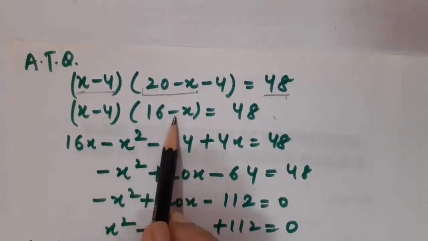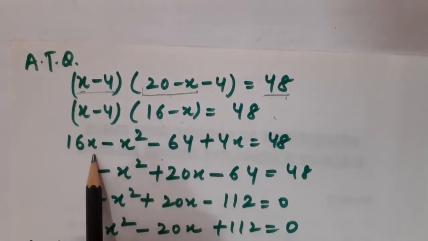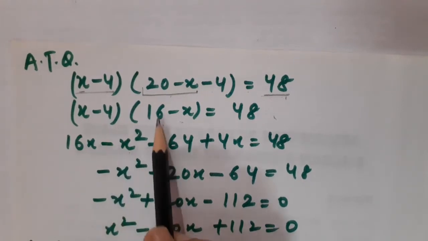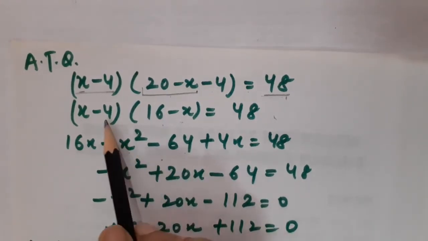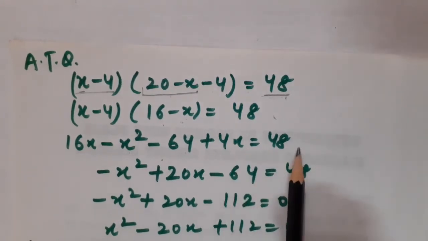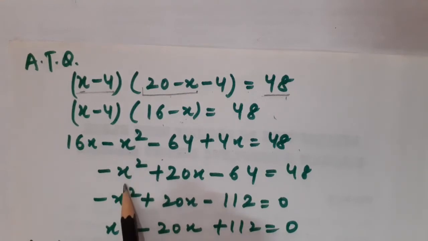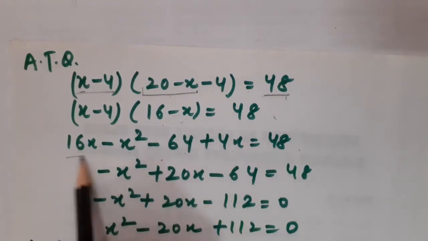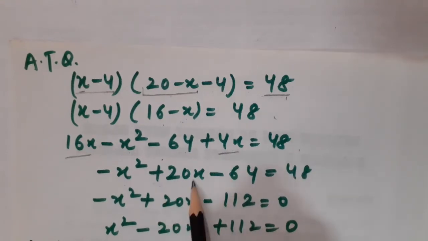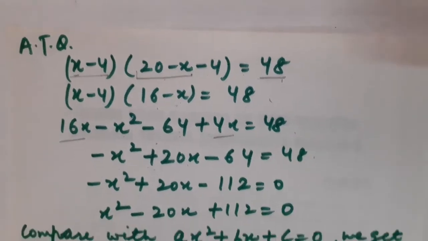Let us start multiplication of these two expressions. x into 16 will give you 16x, minus x into x, x square, minus 4 into 16 will give you minus 64, and minus 4 into minus x will give you plus 4x, is equal to 48. Let us simplify. Minus x square. Now this is 16x and 4x, both with plus sign, so it will become plus 20x, minus 64 is equal to 48.